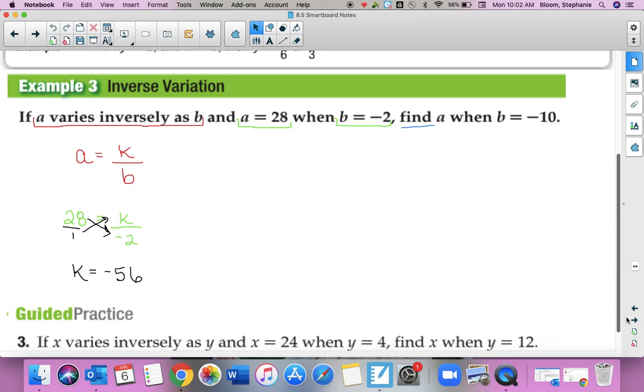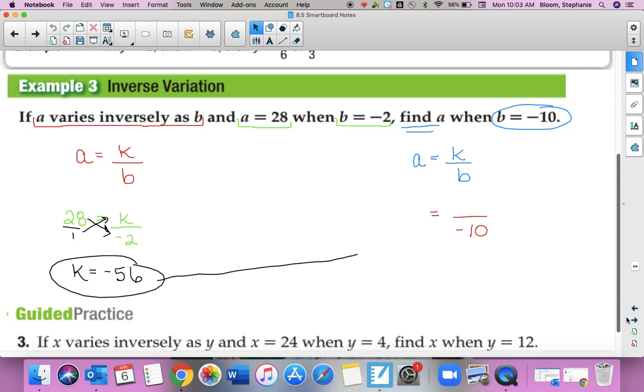Now we want to find A when, so remember it looks like this, when B equals -10. So I'm going to take that -10 and plug it in for my B. I'm going to take my constant K and plug it in over here for K. And then I am finding A. And so I'm going to just simplify that.